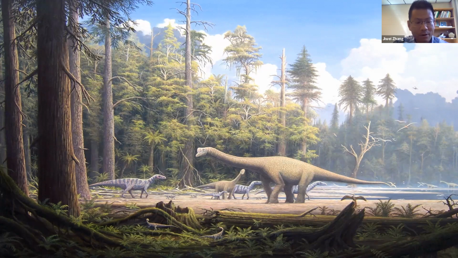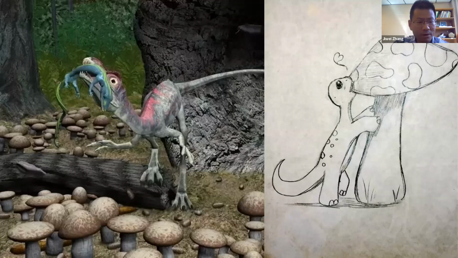In the future, we probably want to add the mushrooms together with the dinosaurs and raptors here, and that's probably a better description of the ecosystems back in the Jurassic time.